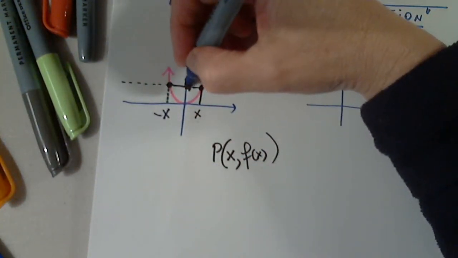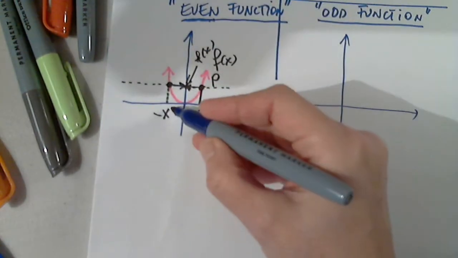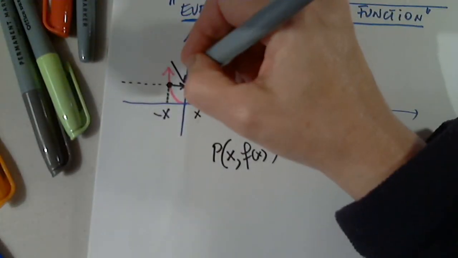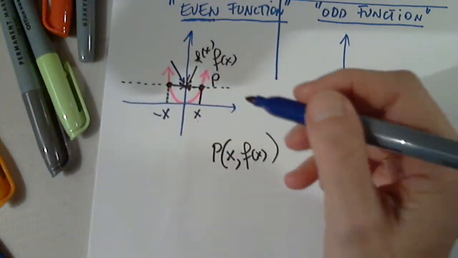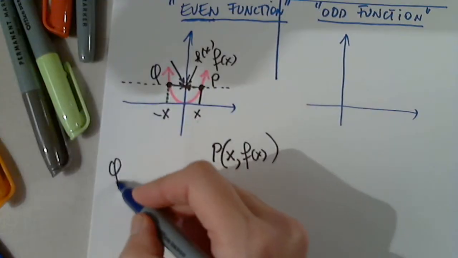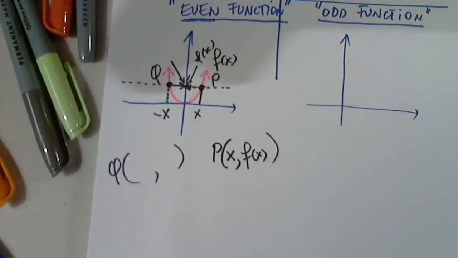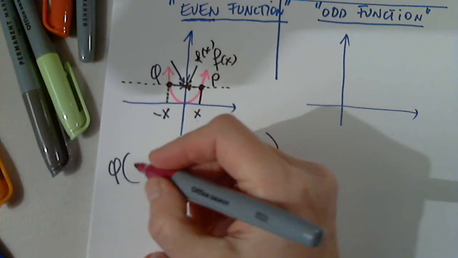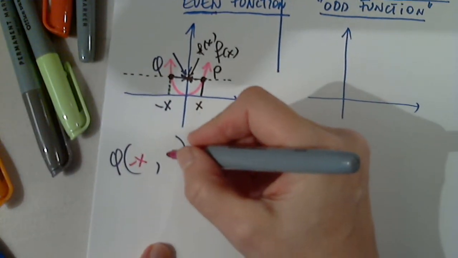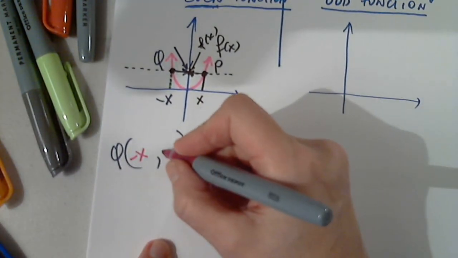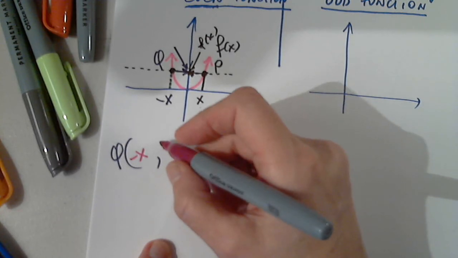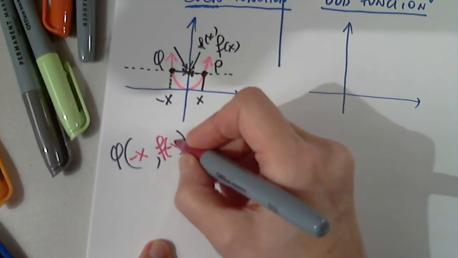Can anyone give us the value here for negative x? What will be this value? And I'm going to call this point Q, so we can write the coordinates separately as well. So what would that be? If this is negative x, what will be the y coordinate? One more time. The function value at negative x.